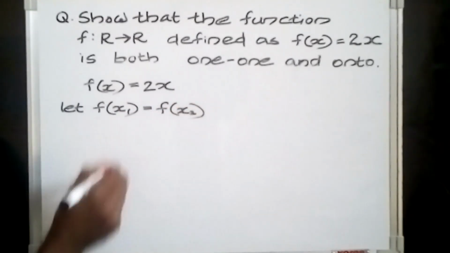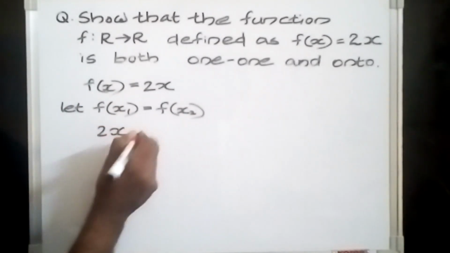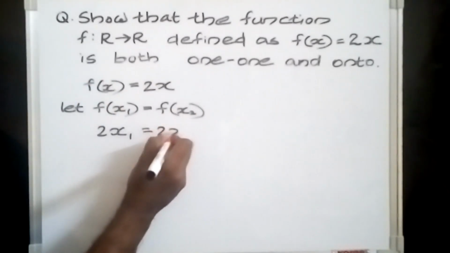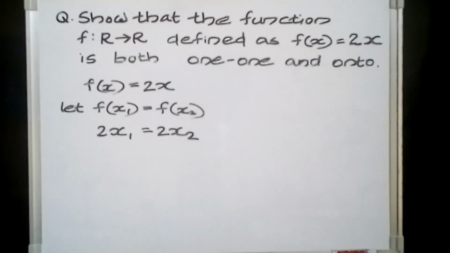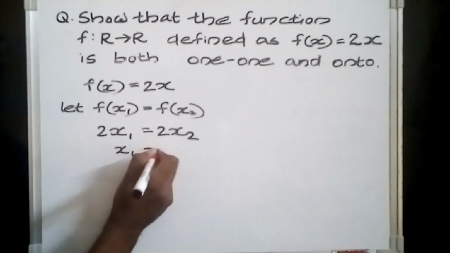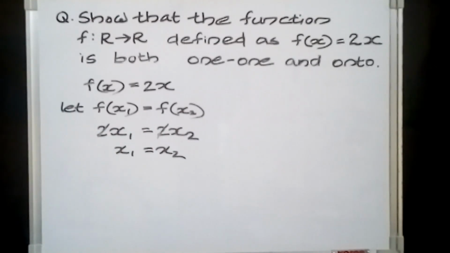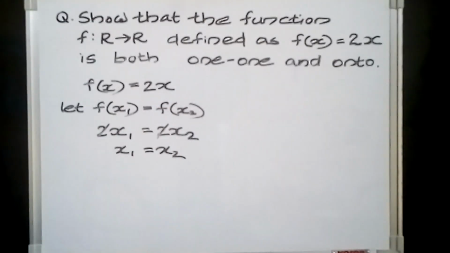That is, f of x is 2x, therefore f of x1 is 2x1 and f of x2 is 2x2. f of x1 becomes equal to f of x2, so 2x1 becomes equal to 2x2. If we cancel 2 from both sides, it implies that x1 equals x2. That is, whenever f of x1 equals f of x2, we have x1 equals x2. And theoretically, the function is 1, 1.